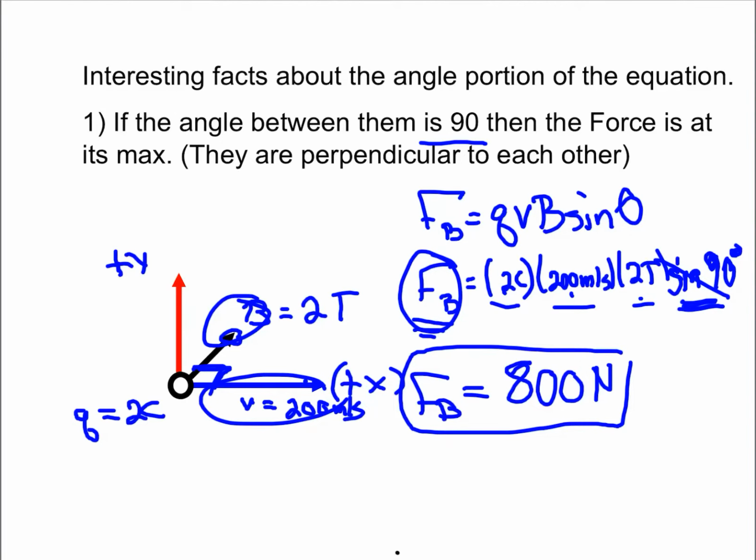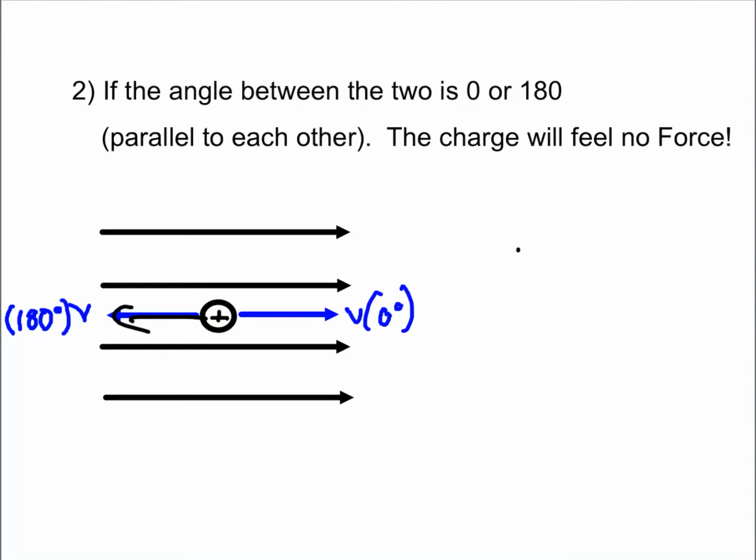Now, the next scenario is a little bit weird too, because you would imagine that as long as you have a charge moving through a magnetic field, you should feel a force, because magnetic fields are caused by moving charges.